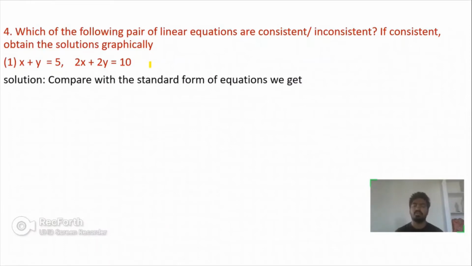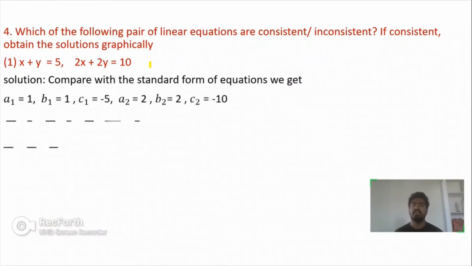Then we are getting the values of a1 is equal to 1, b1 is equal to 1 and c1 is equal to minus 5, and a2 is equal to 2, b2 is equal to 2 and c2 is equal to minus 10. Now we have to find a1 by a2, b1 by b2 and c1 by c2 values.